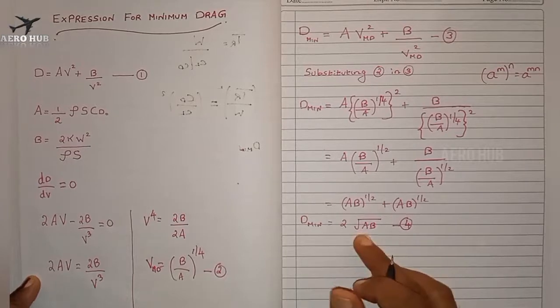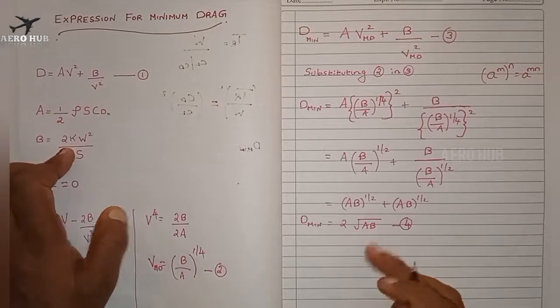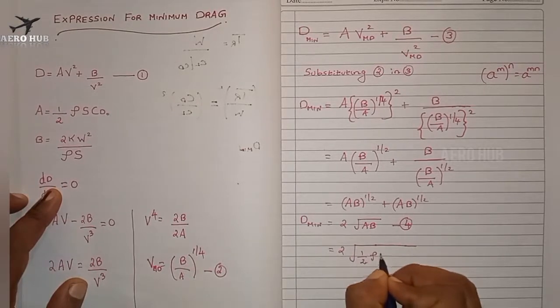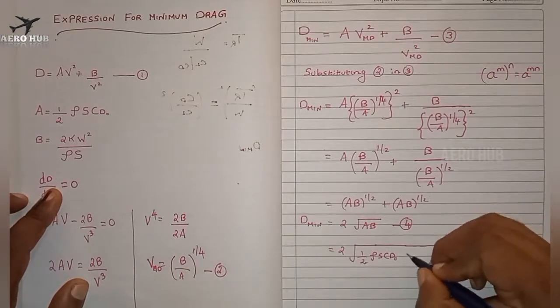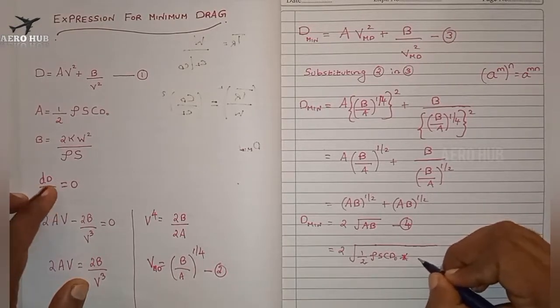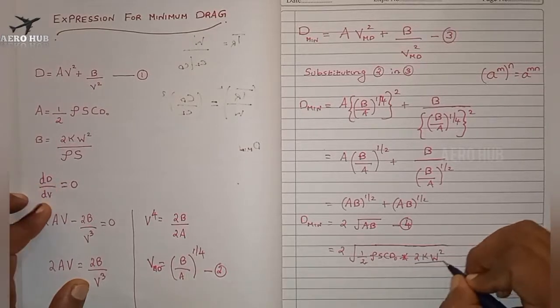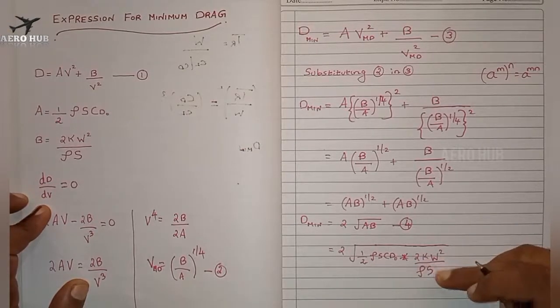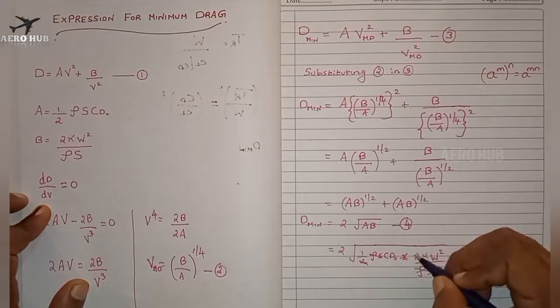Now we have the expressions for A and B. I will introduce A and B into equation number 4. So it will be 2 times root of half rho S C D naught, which is capital A, into 2 k W square divided by rho S, which is B. I can cancel out rho S and I can cancel out 2 here.